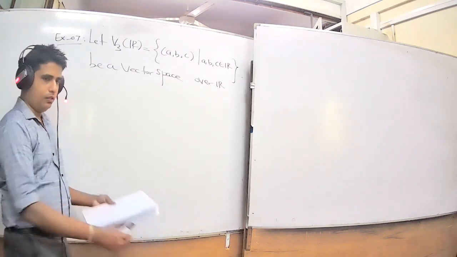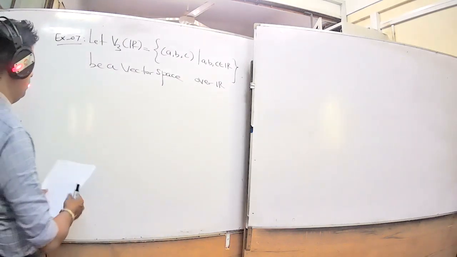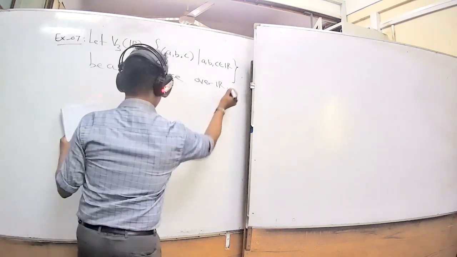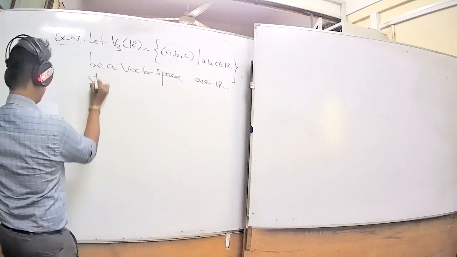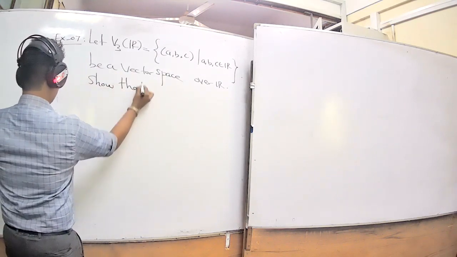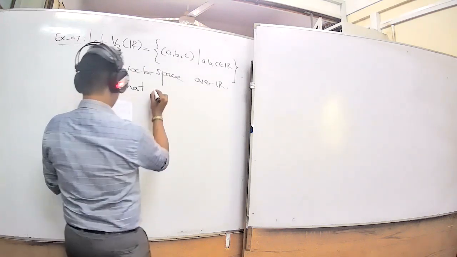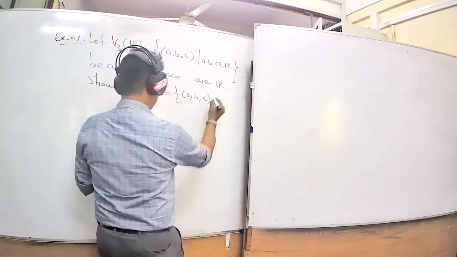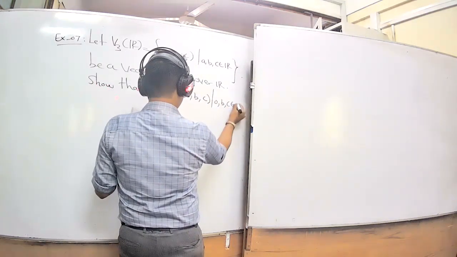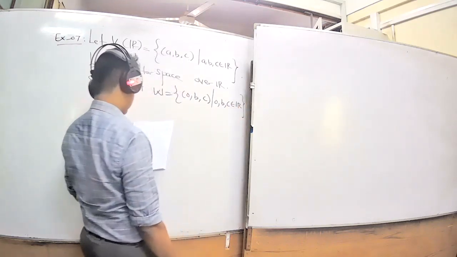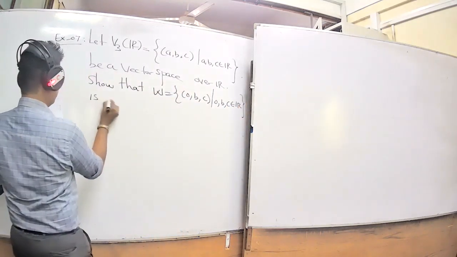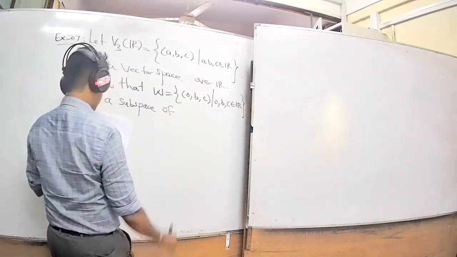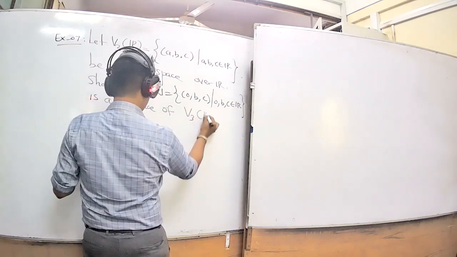Okay, let W be such that it is a subspace of V3 real number.